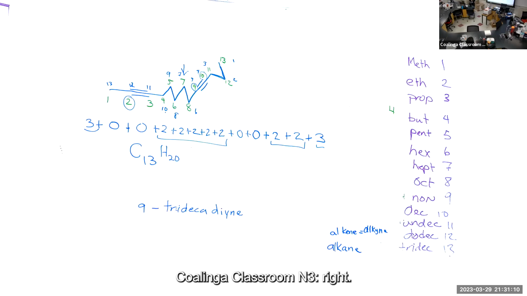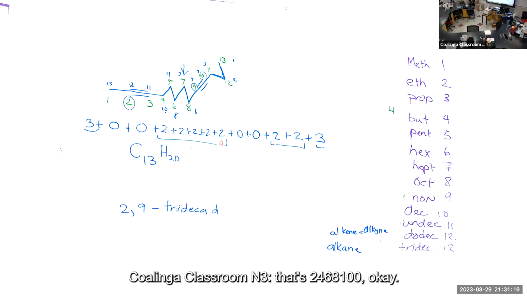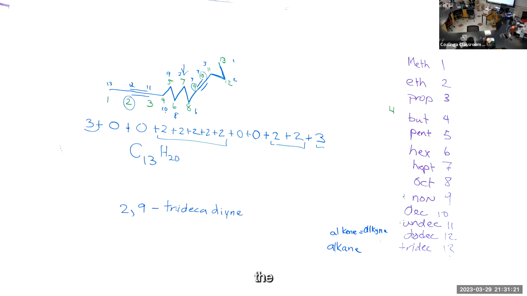So 8, right? So you got 8. That's 2, 4, 6, 8, 10. Oh, okay.